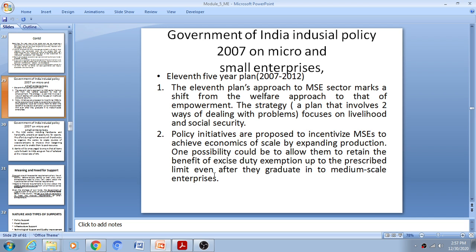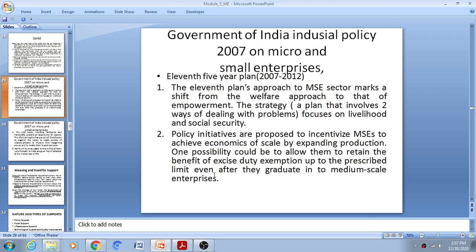Expand the production in the sense that there is a reserved list of products which has to be manufactured only by small industry. Large industry cannot manufacture those products.